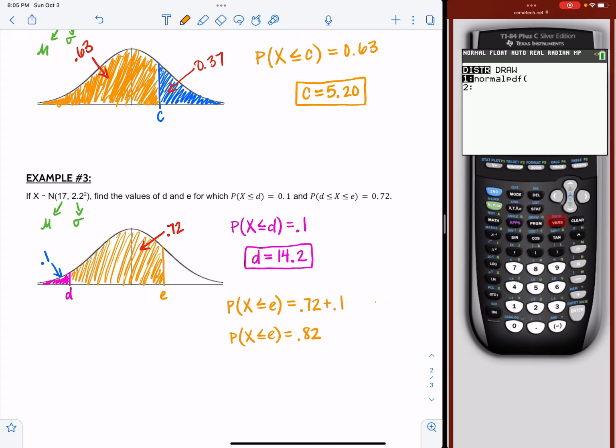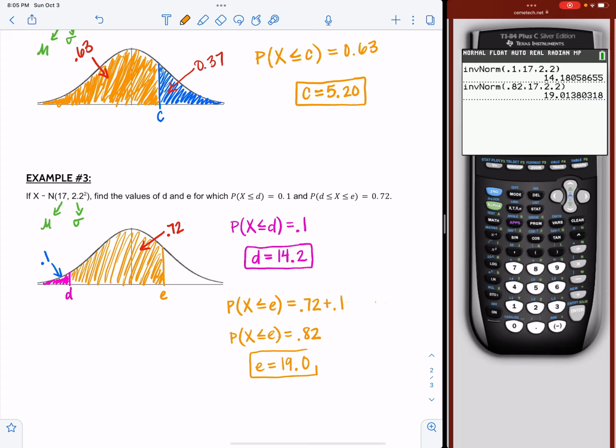So if I press second vars and go to number 3, I will see that my area is going to be 0.82. I keep my mean and my standard deviation the same. And we will see that E would have to be approximately 19.0 in order for that to happen.